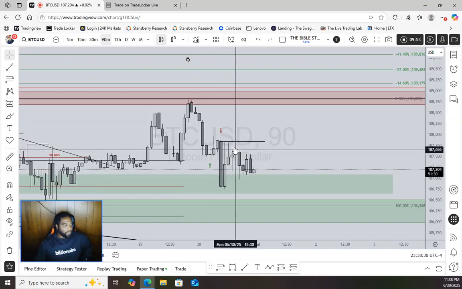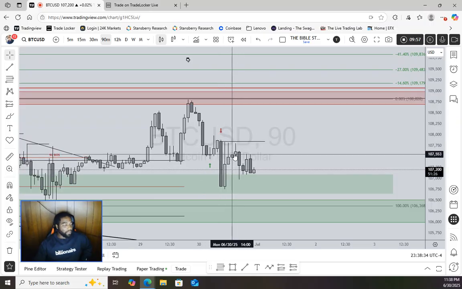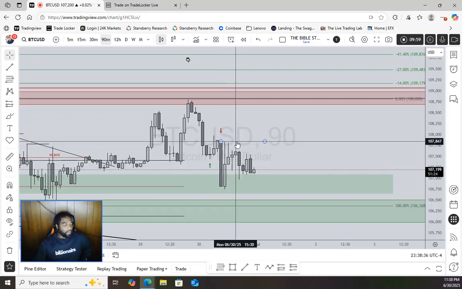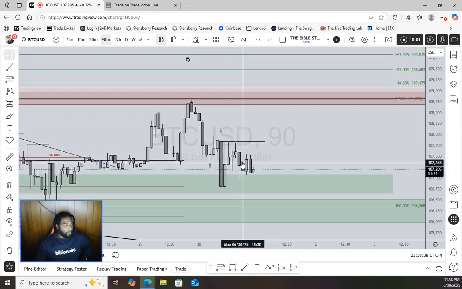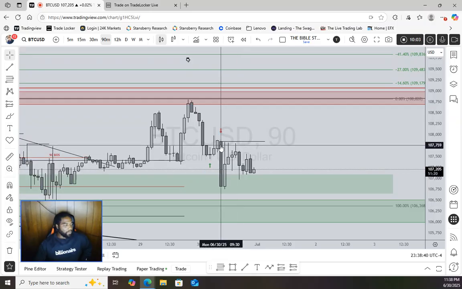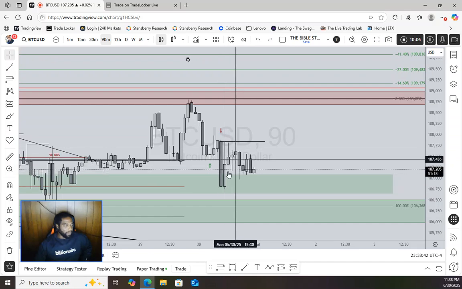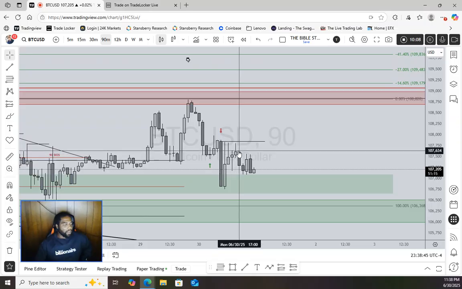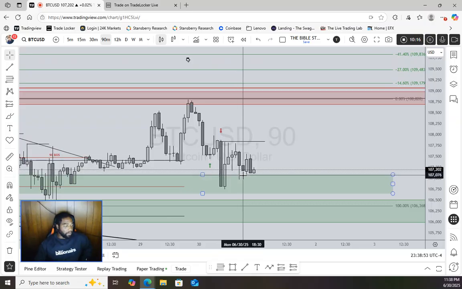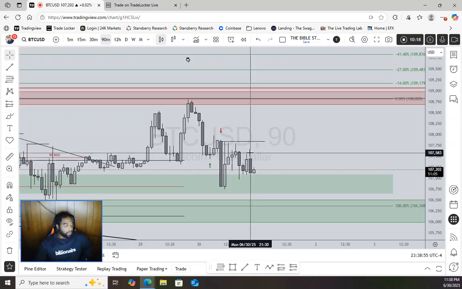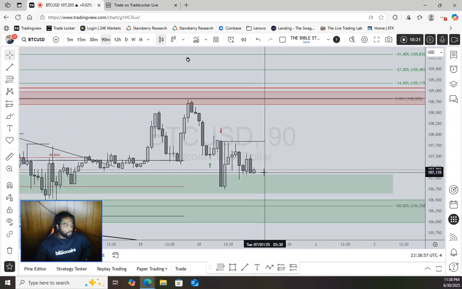Price encountered this internal retracement, getting here, and then boom, we got this bearish engulfing inside of this bearish engulfing. As we are encountering this internal retracement, boom, bearish engulfing, swing to swing, if you will, retrace, and then boom, bearish engulfing again.